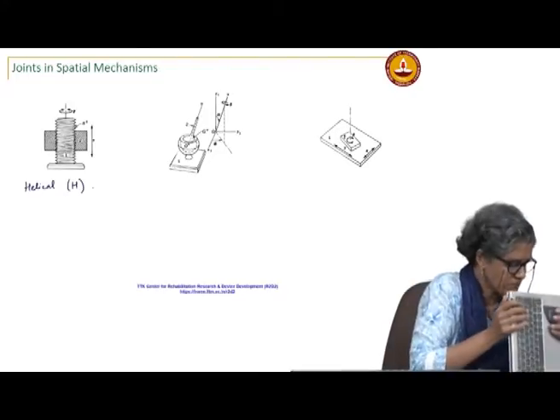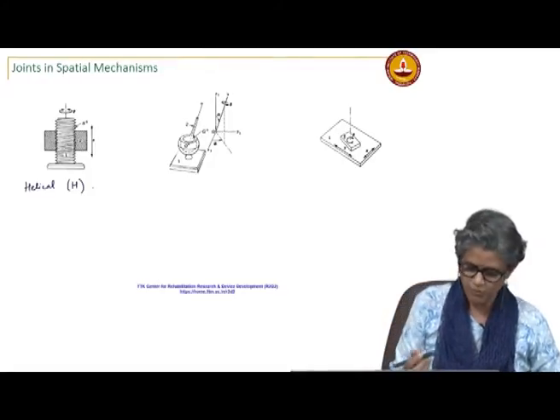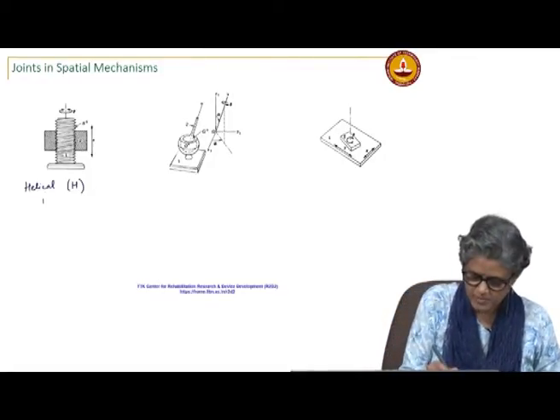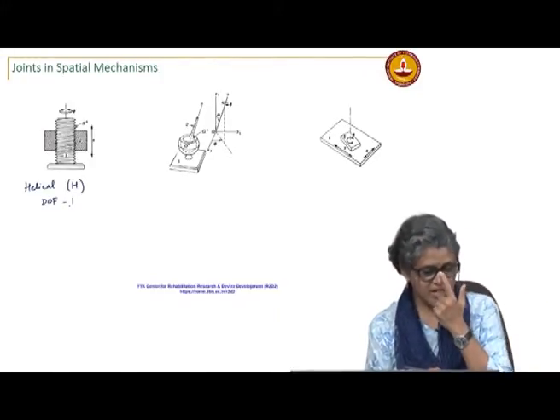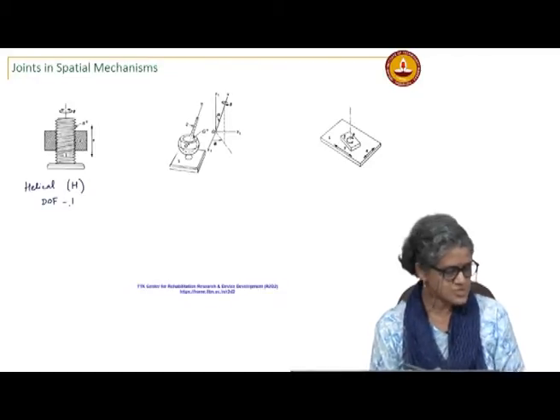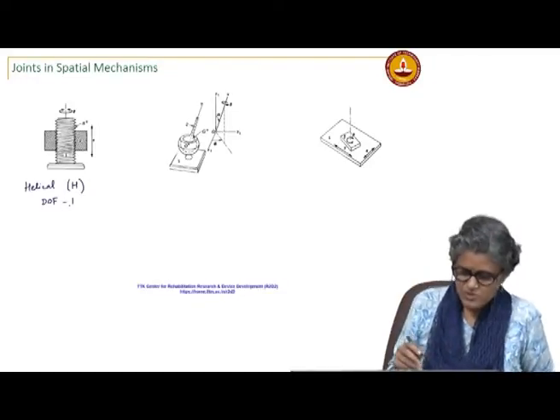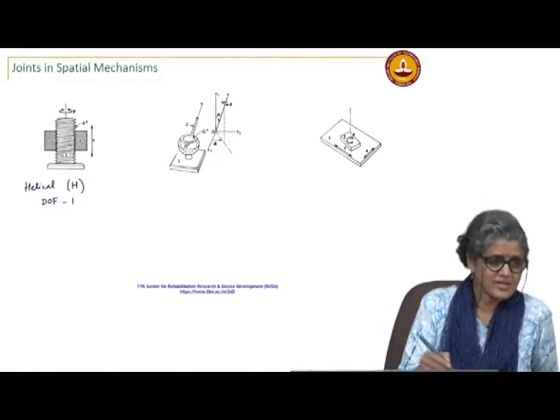It is 1. We have seen, because the helical joint has DOF 1, because the translation and the rotation are related by the pitch of the screw. Actually, the lead of the screw.